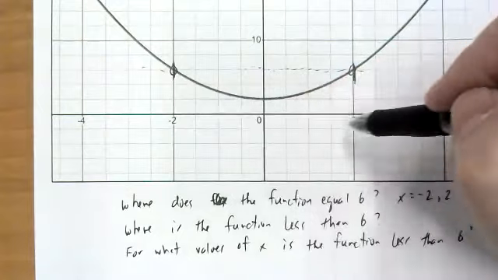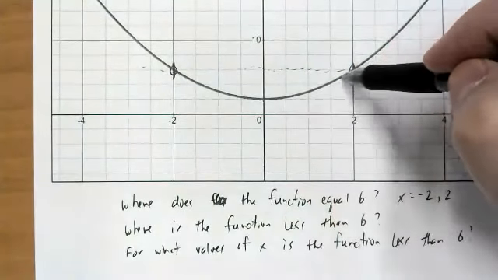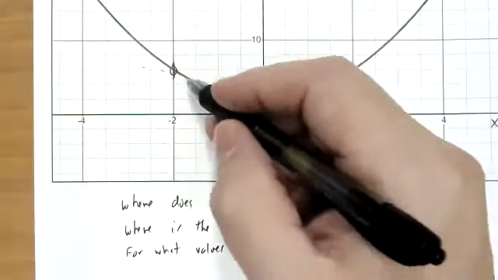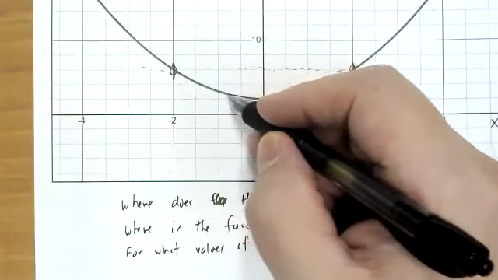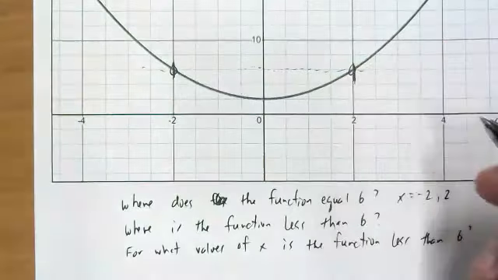So between -2 and 2 on the x-axis, my function is less than 6. So the answer has to be an interval, and I have to include all these values of x for this whole portion of the graph.